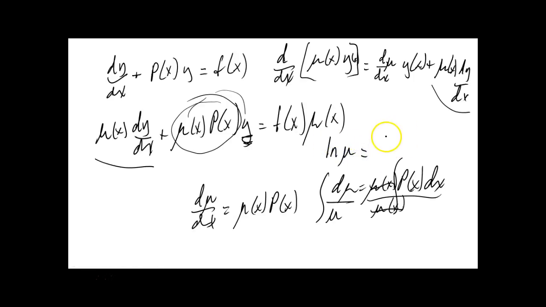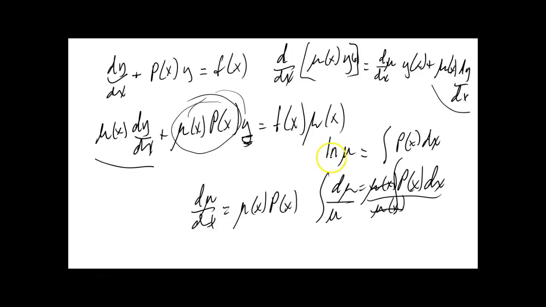And over here, the integral p of x dx. Okay? Well then, how could I lose the log? Say again? Okay, yeah, we're not going to worry about the C yet.